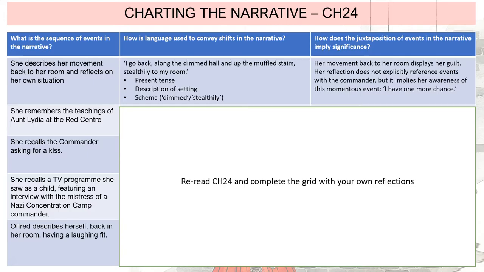This reflection, the first part of her reflection anyway in this chapter, doesn't explicitly reference events with the commander, but she has this sort of reflective tone where she decides to take stock of who she is and implies that she knows that this is a significant changing point in her life. This is a significant event. As she says to herself, "I have one more chance."